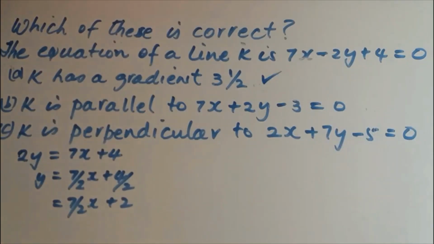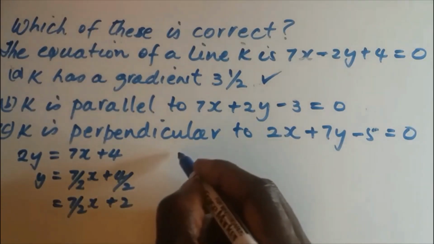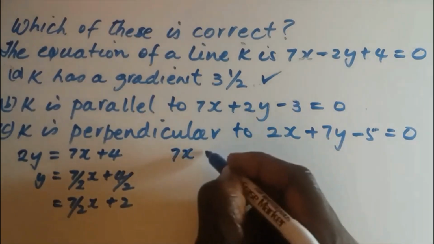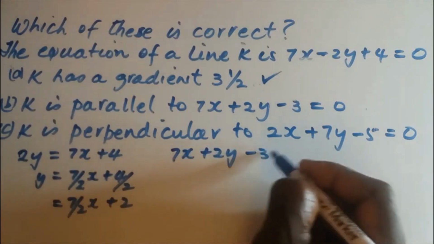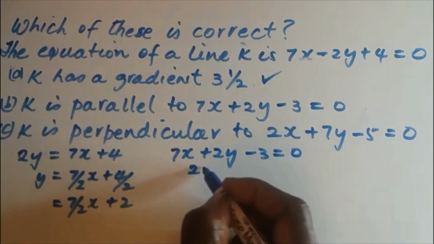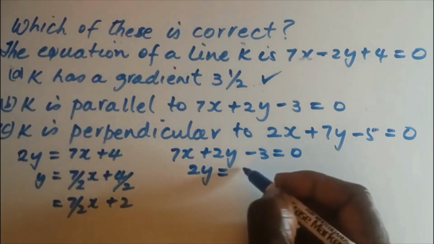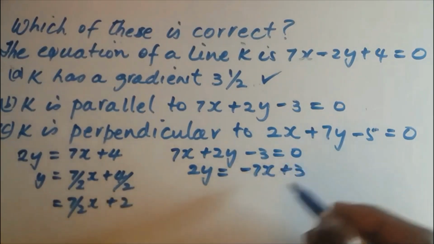Next, we have k is parallel to 7x add 2y minus 3. The condition for two lines to be parallel is that they must have the same gradient. So let's rearrange this and see if we have the same gradient, 7 over 2 or 3.5. So we have 7x add 2y minus 3 is equal to 0. 2y is equal to minus 7x add 3.